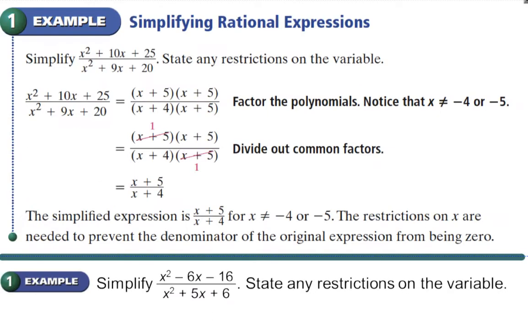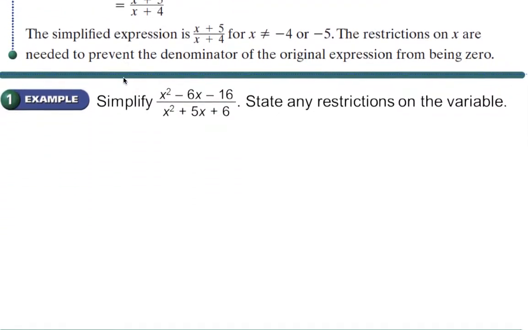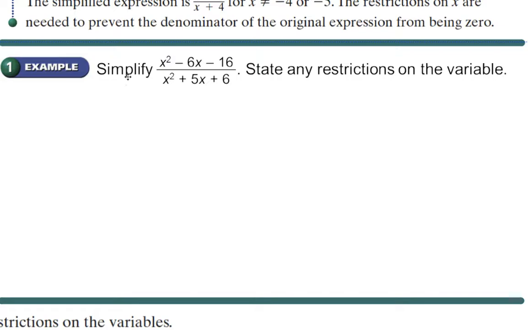Okay, first example, we have simplify x squared minus 6x minus 16 all over x squared plus 5x plus 6. State any restrictions on the variable. Remember in class we talked about restrictions. Restrictions are anywhere that your denominator would be equal to 0, because then you would have a function that does not exist.